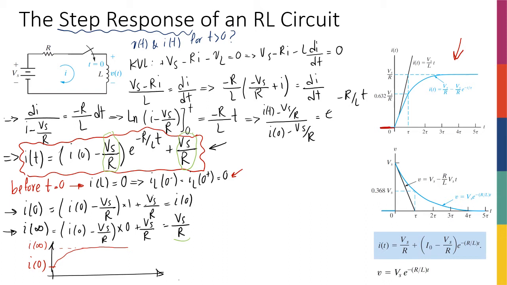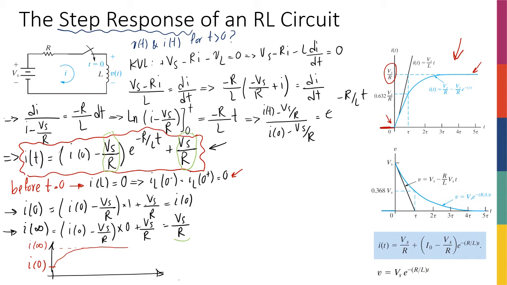You can think of it as these two being subtracted from each other. At t equal to 0, the two are equal. That's why I get a current of 0. After that, the negative side becomes smaller and smaller, while the positive side stays the same because it's Vs over R. So little by little, I'm approaching the final value of Vs over R. Okay?